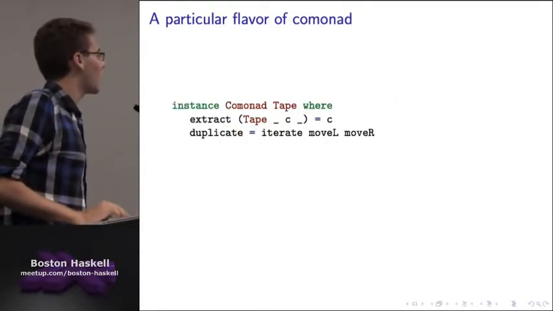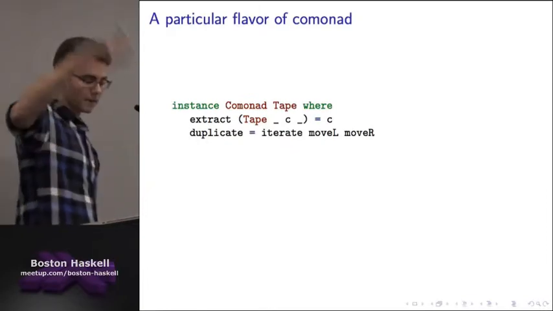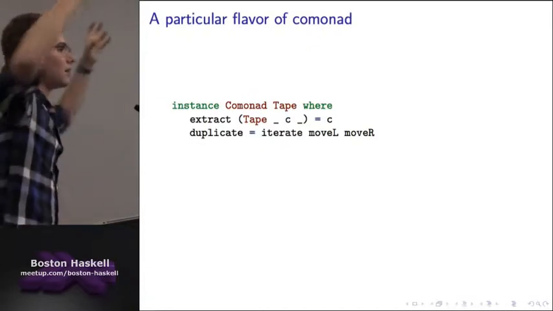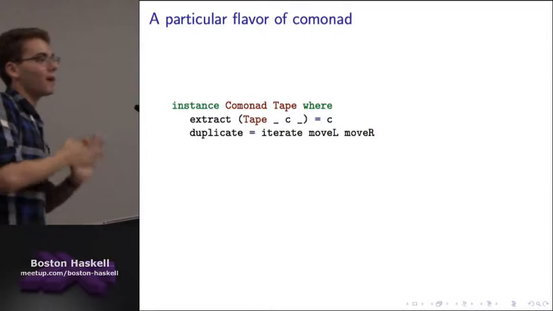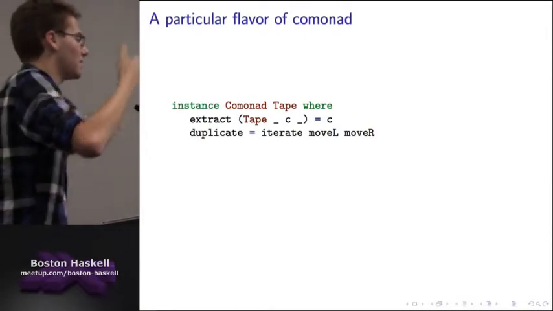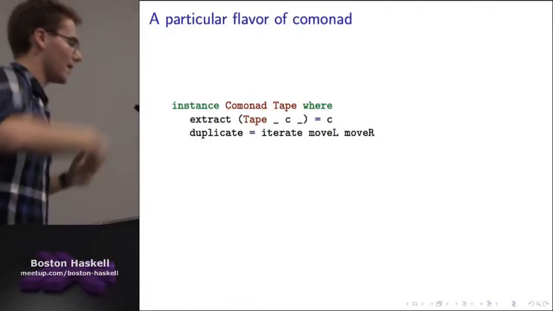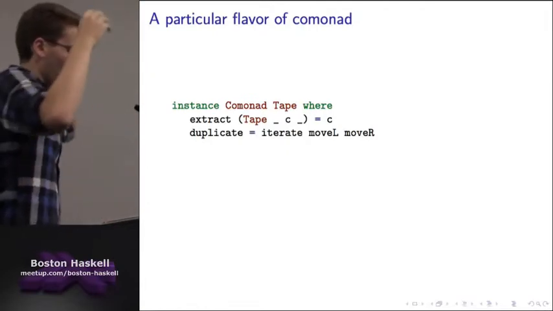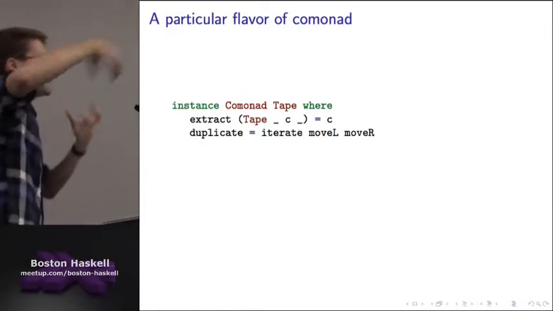So tapes are a comonad because you can take a single element out of it, and you can create a doubly layered structure if I have a single tape. So if I've got the tape containing all of the integers, going left it's all negative numbers, going right it's all positive numbers, and 0 at the center, then I can duplicate that structure out so that I get a tape of tapes.